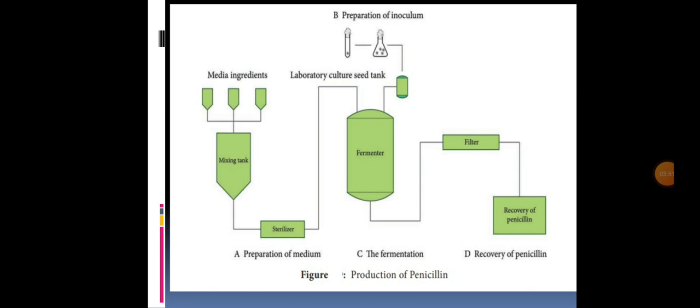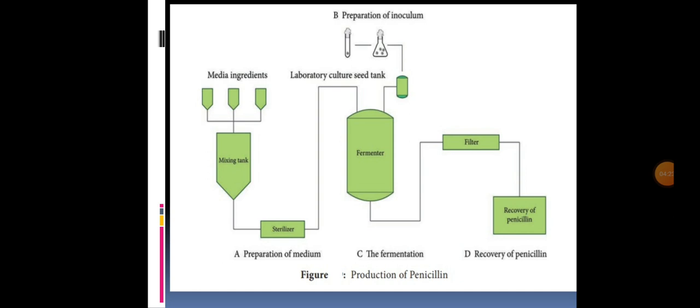In the industry, the fermentation unit of penicillin production comprises a mixing tank where all the ingredients are mixed and later sterilized, followed by a seed tank where the prepared inoculum is added into the fermenter. The next is the fermenter, and it consists of a recovery tank.